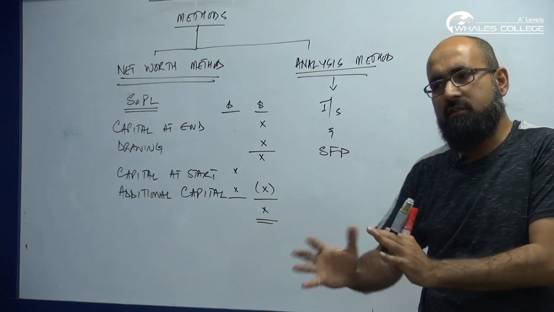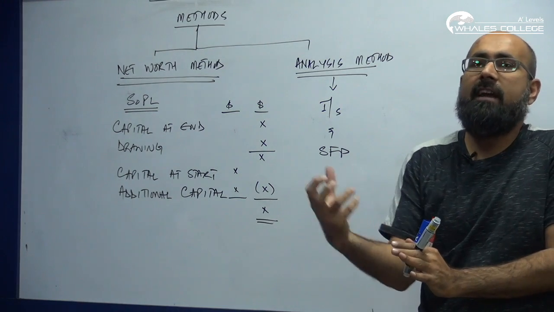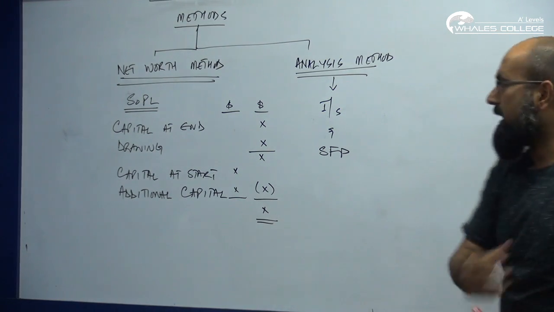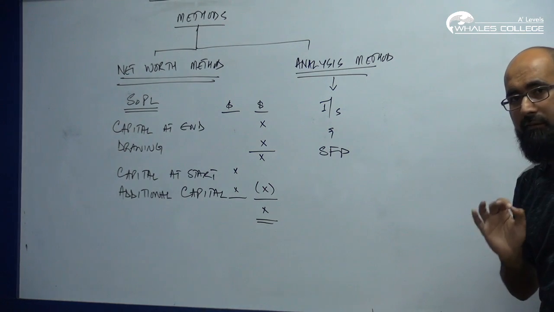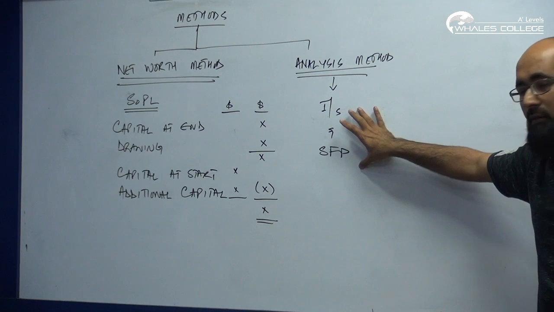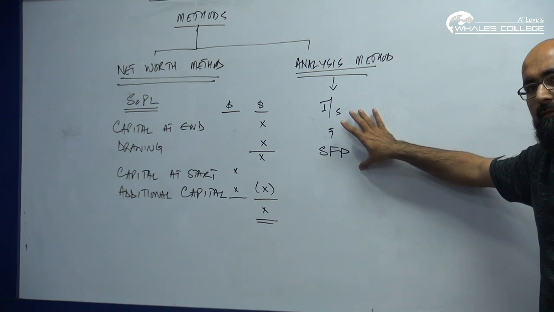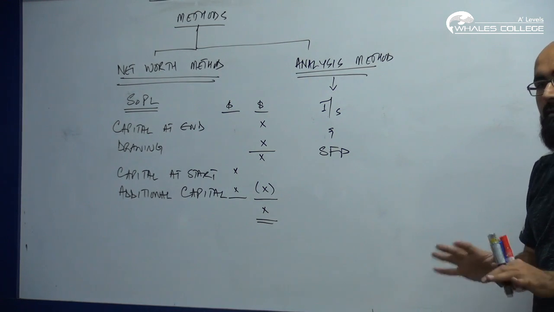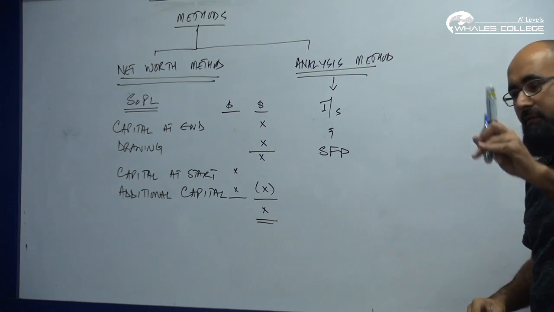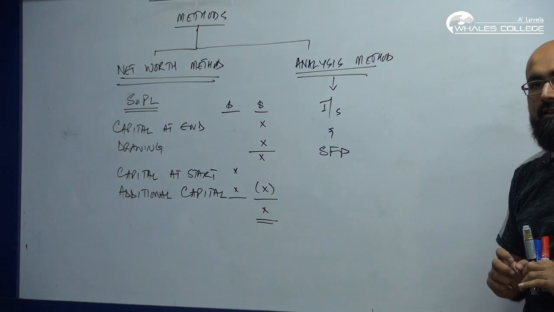Through this unstructured or incomplete data, you need to prepare a set of financial statements. From incomplete information, you need to prepare a set of financial statements. It's a very messy type of question. Very messy. You have to take different things from different places of the data.